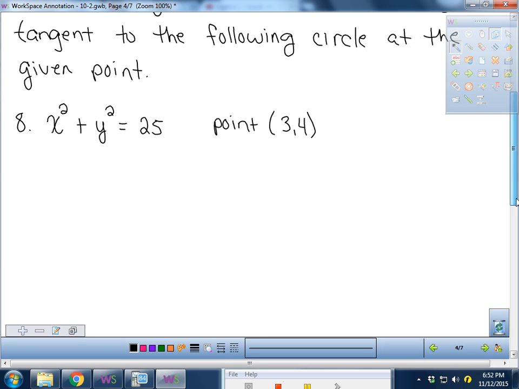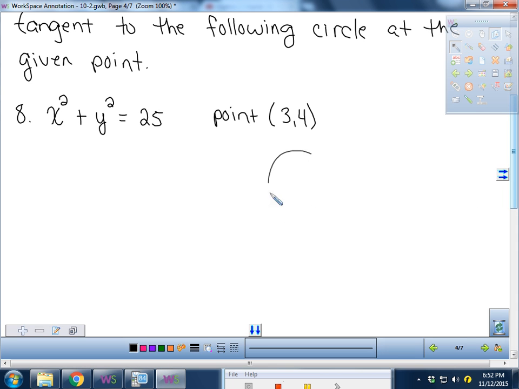So let's draw a little picture here. You've got this point and a line that's going to hit that point right there. The point is on the line and the circle both.